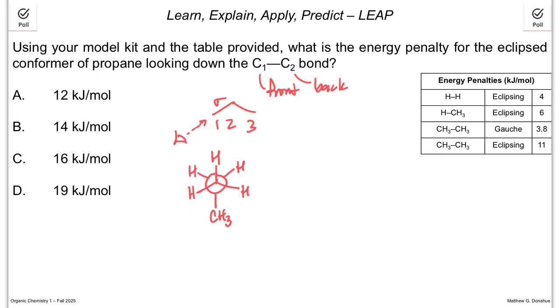And I think last time I was holding the back carbon constant. So I'm going to rotate the front carbon. I'll do it clockwise, 60 degrees at a time. So I'm going to keep that back carbon the same.